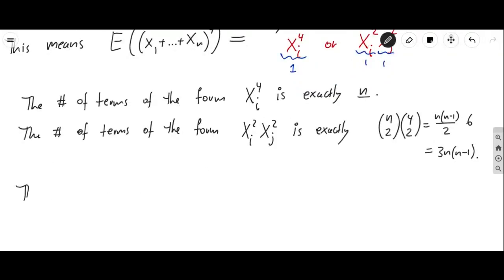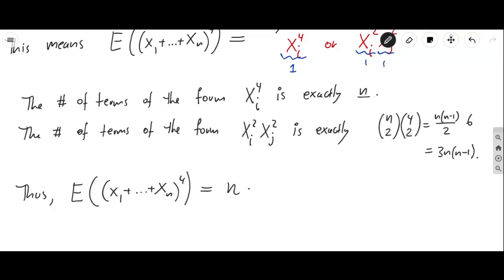So thus, the expectation of this expansion, when you work all of this out, this is going to be n. Every one of these terms, their expectation contributes n. And every single one of these terms, when you square them, it's just 1. It's the expectation of 1, the constant random variable 1. So it's 1, but how many do you have? You have that many.